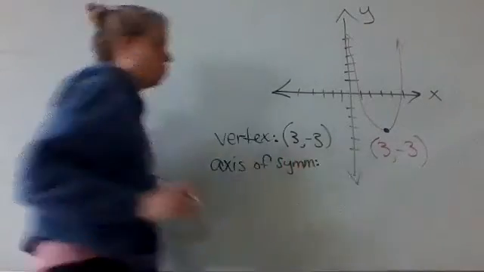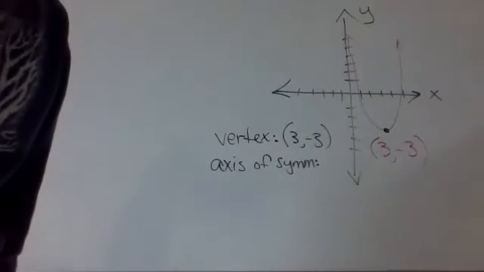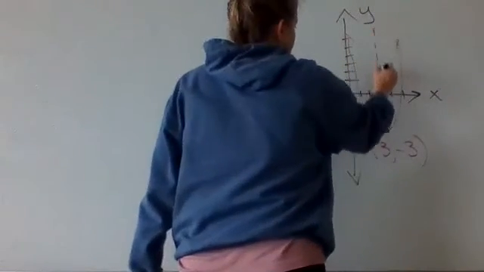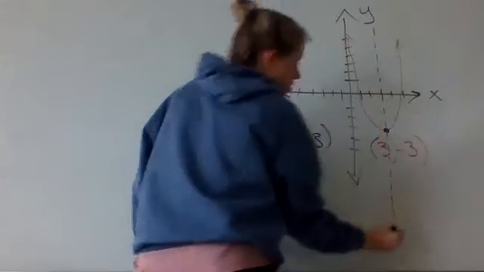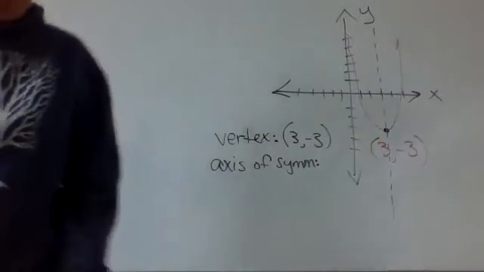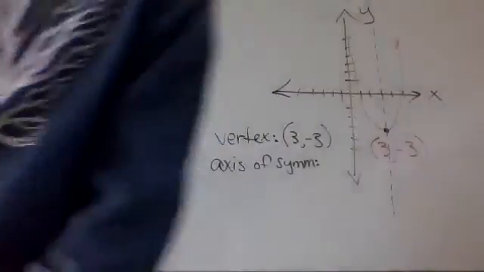All right, the next part of the question says, what's the axis of symmetry? In other words, what's the equation of the line that would cut this parabola right in half? And it even tells you to type an equation. It kind of gives you a hint there.